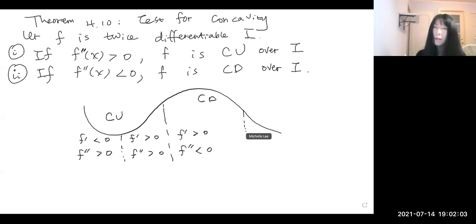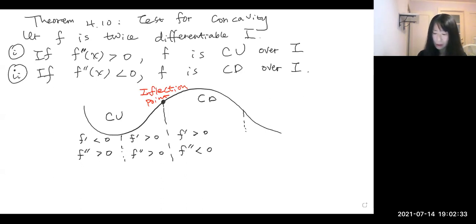But what I want to talk about here is what we call an inflection point. An inflection point is where the concavity changes, either from concave up to concave down or from concave down to concave up.